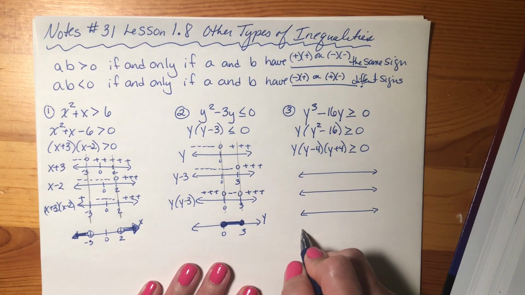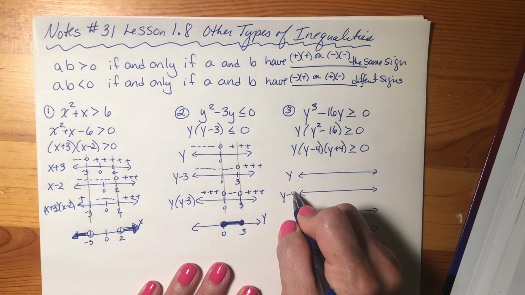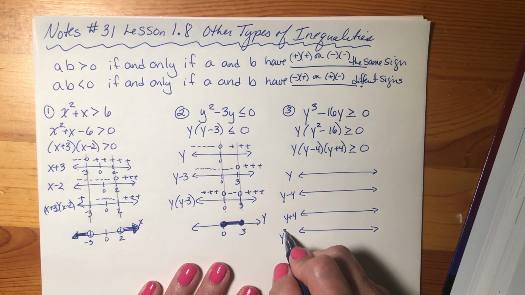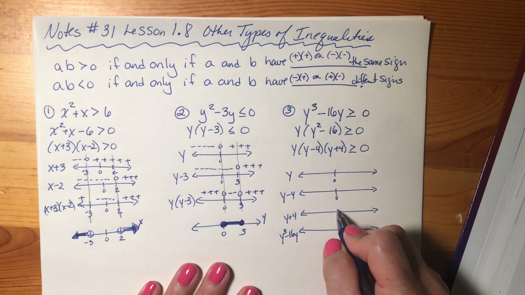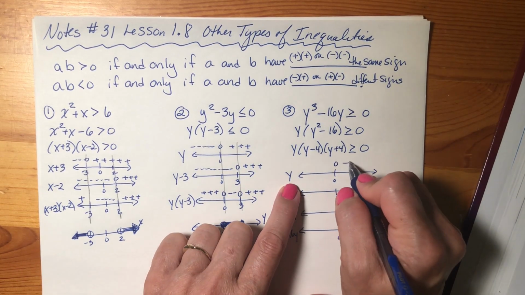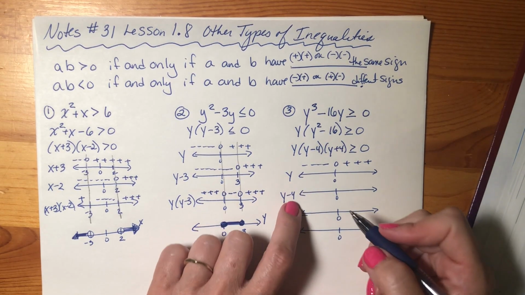I know some kids don't like to do this because it does take a little bit of time, but I find after all my years of teaching that kids do not make mistakes when they draw it all out. Okay, what would make this 0? 0. Numbers to the right are positive. Numbers to the left, if I put in for y, are negative.